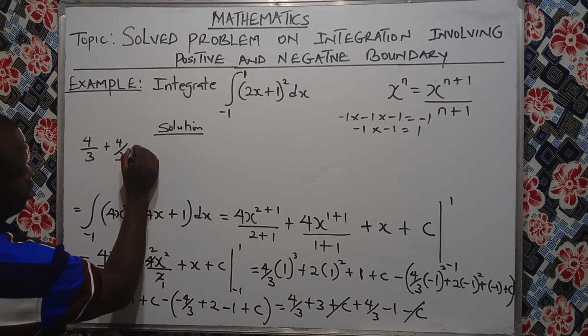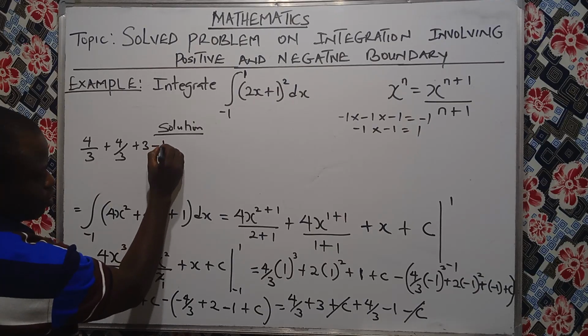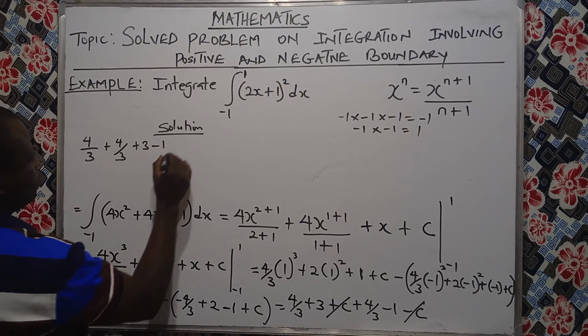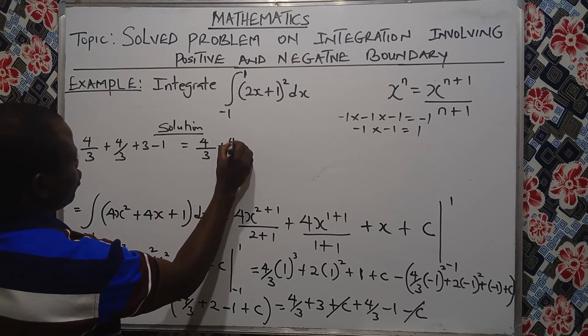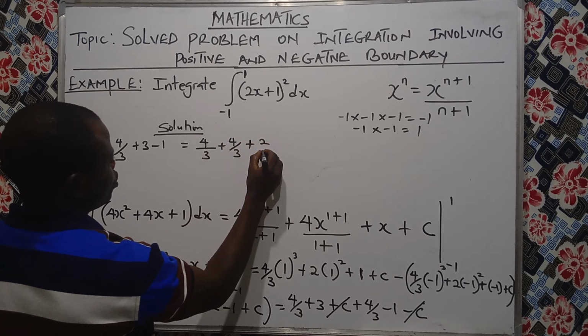Let me just write it. It equals 4 over 3 plus 4 over 3 plus 2 over 1.